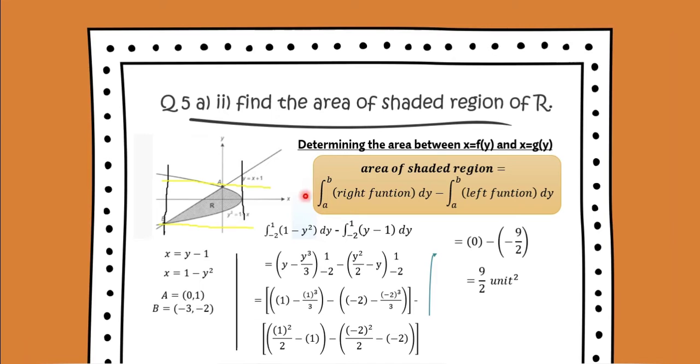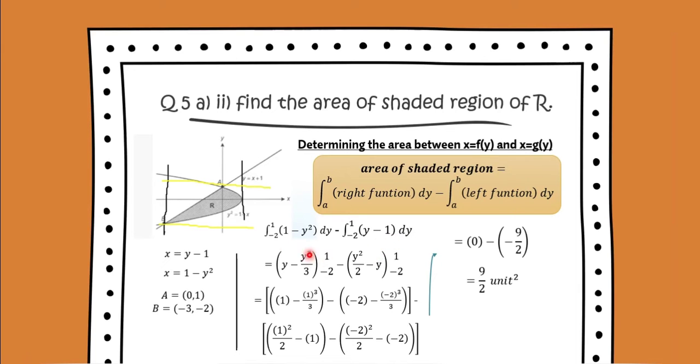So according to the formula, right function minus left function. What is the line on the right? The curved line is on the right and the straight line is on the left. So replace the equation: the right function is y minus y squared, and the left function is y minus 1.